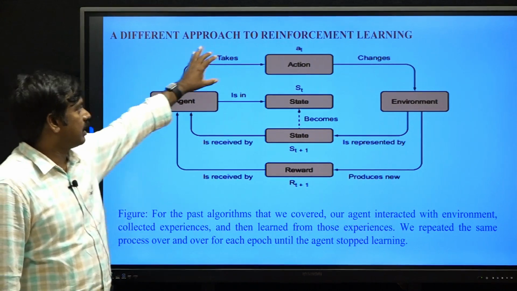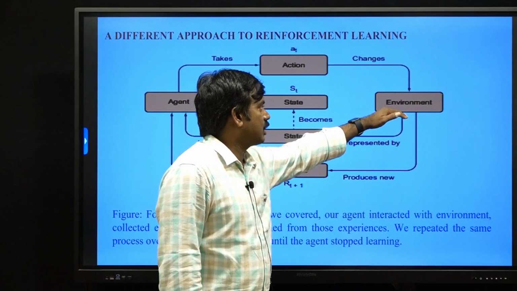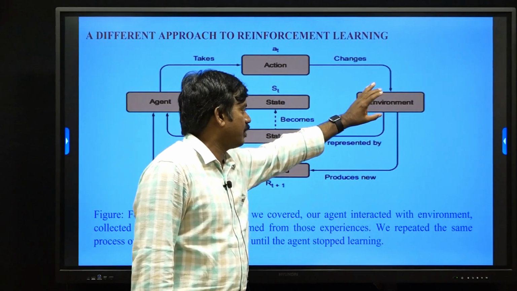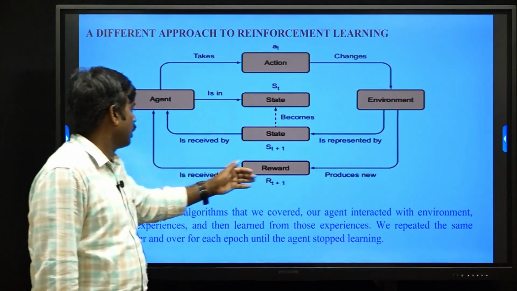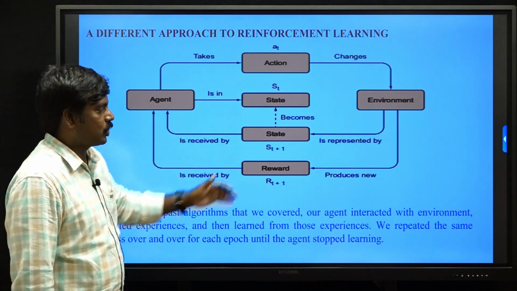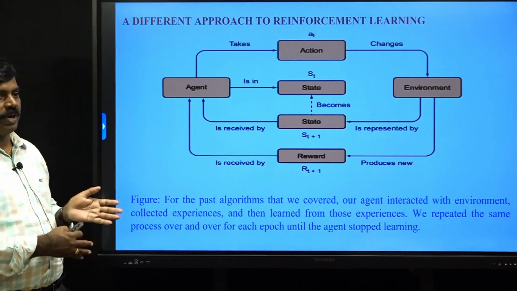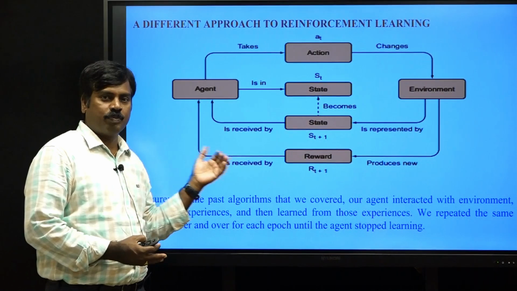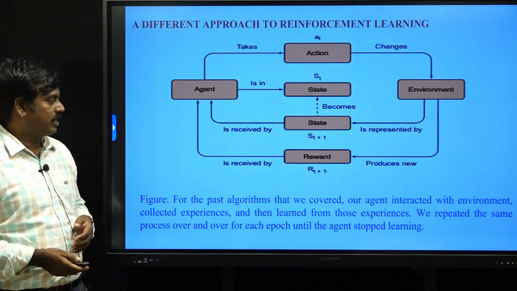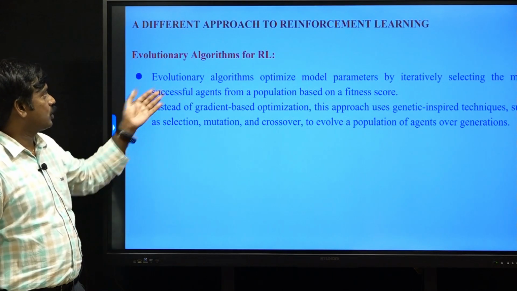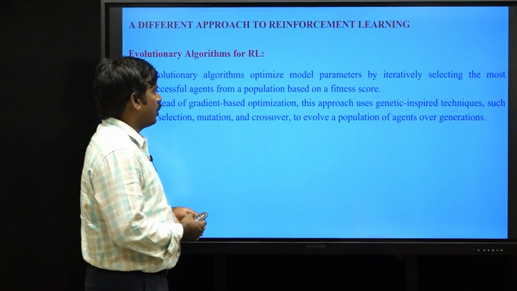The agent takes an action, interacts with the environment, gets some reward, and changes the environment state. This process continues in traditional reinforcement learning approaches, as we followed in deep Q learning and policy based methodologies. Evolutionary algorithms are a different approach.